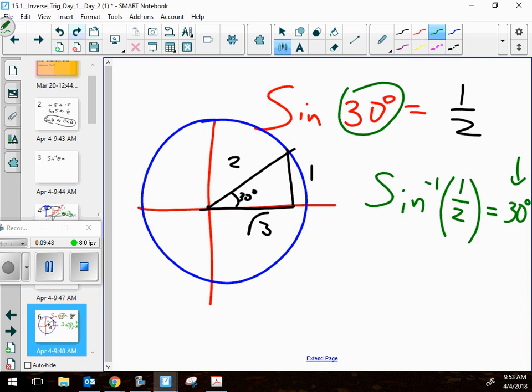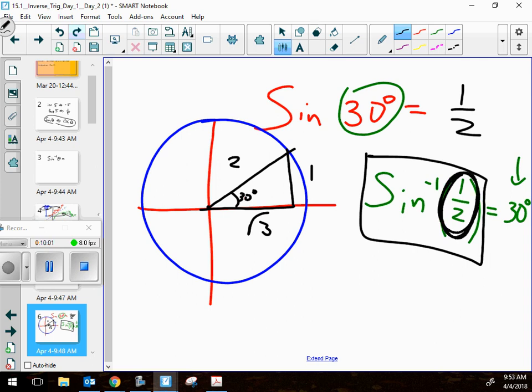That's an important thing to understand, that if you're doing an inverse trig question, what this does is figure out an angle. This is saying I've already got the side ratios. Please tell me what the angle is. So when that little thing is up there, I think of it as a little guy screaming, tell me the angle.